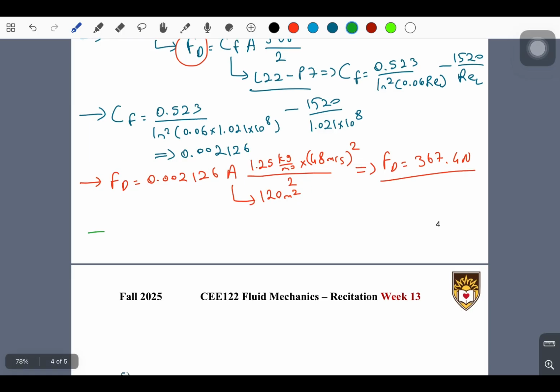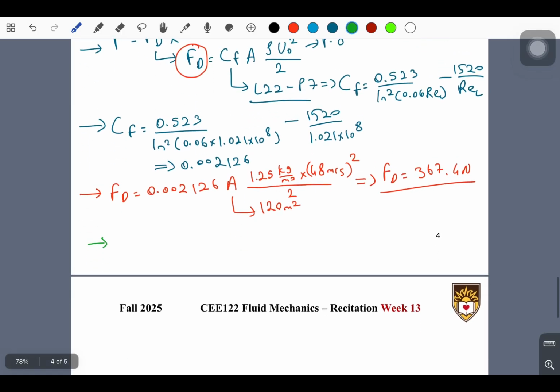And lastly, we can get the power required to pull this sign. And here we will get 17.6 kilowatts.